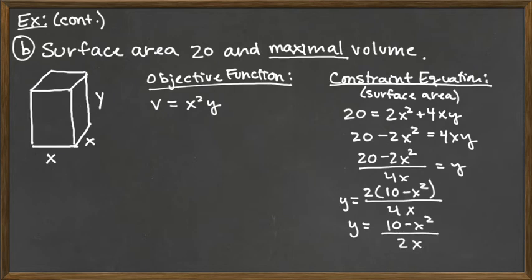Okay. So what we do with that is we take that and we plug it in for the volume equation. We've got volume equals x squared times y, and our y was 10 minus x squared all over 2x. And as we're trying to complete this, we see that there's an x squared out front, which is understood to be on the top, and there's an x on the bottom.